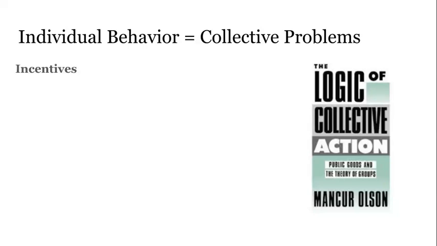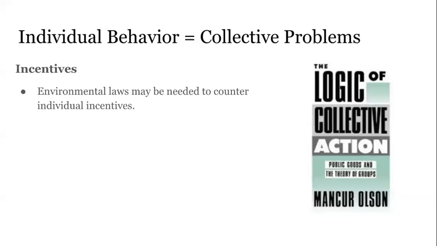So in terms of incentives, we say environmental laws, environmental regulations, government is involved in the environment in some ways. It may be needed to counter these individual incentives, because government deals a lot with common issues. That's what government is. Government is about taking in the collective interest.